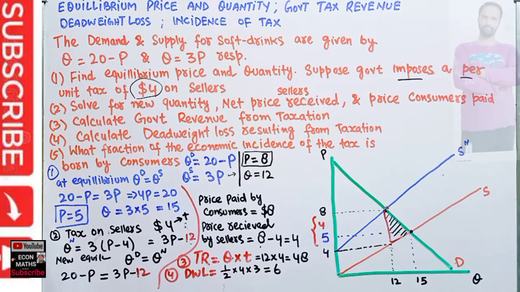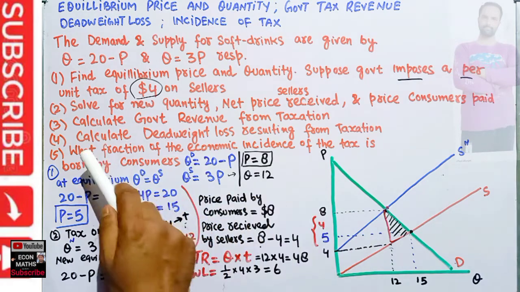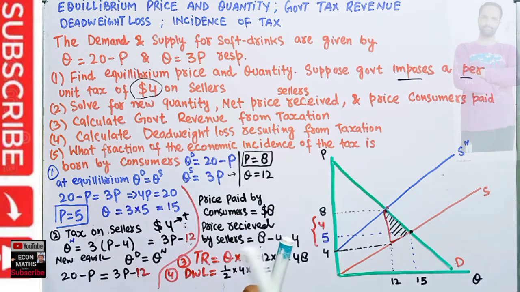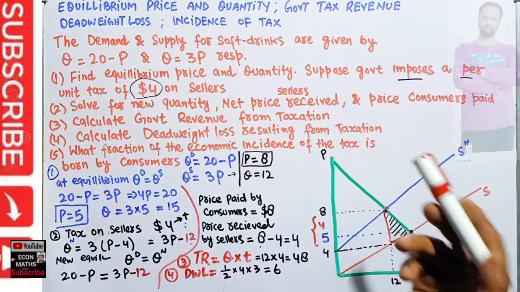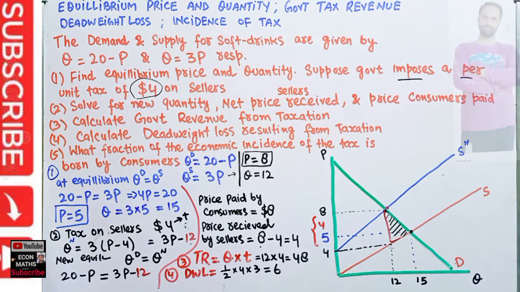Now the last part tells us about the fraction of the economic incidence of the tax borne by the consumers. What fraction or what percentage of the tax will be shouldered by the consumers? Here you can see initially our equilibrium was where consumers were paying a price of $5 and sellers were also getting a price of $8.